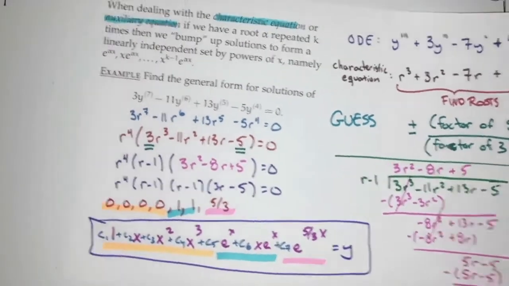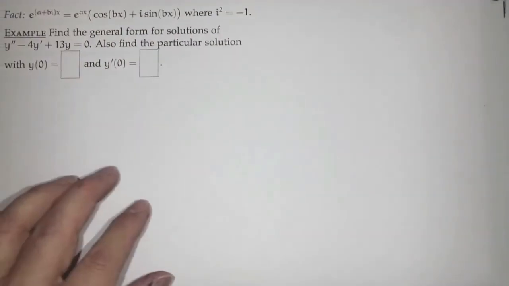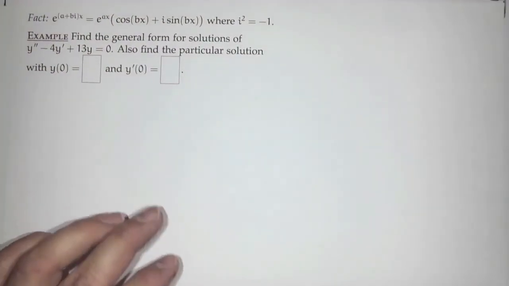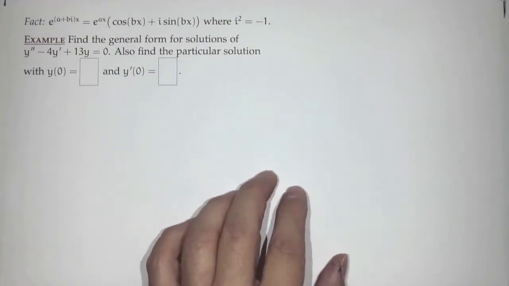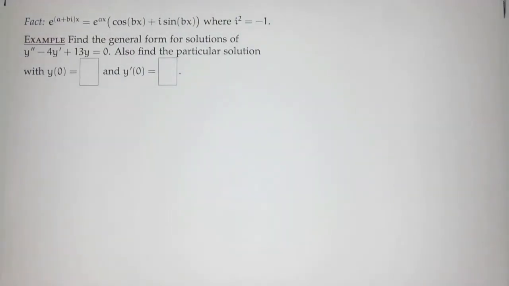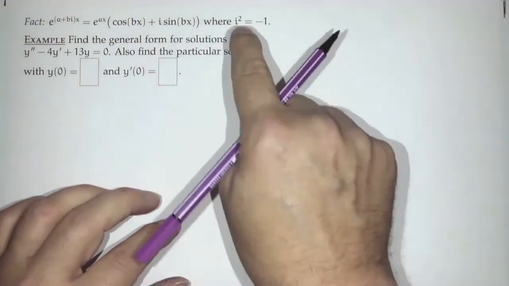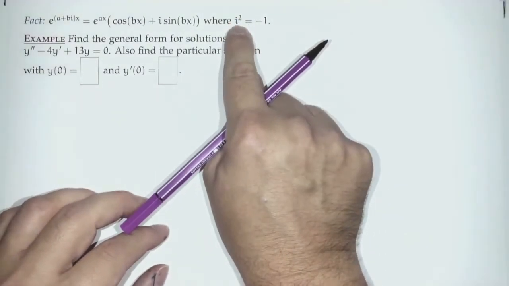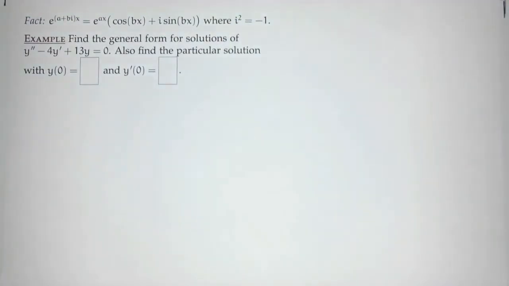Okay, so let's go to our next thing. And there's a nice little fact here, which I don't know if it has any relevance to the example that we're about to talk about. So there's this number called i, and i is defined by saying, well, if you square it, you get -1. Sometimes it's called imaginary.